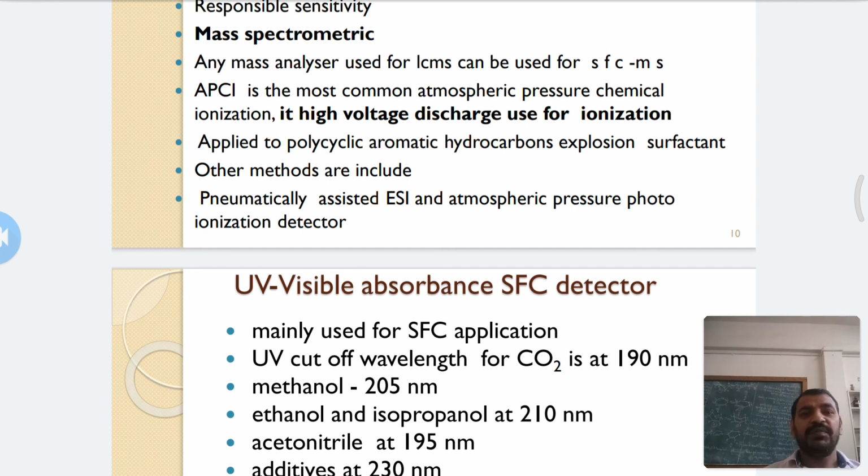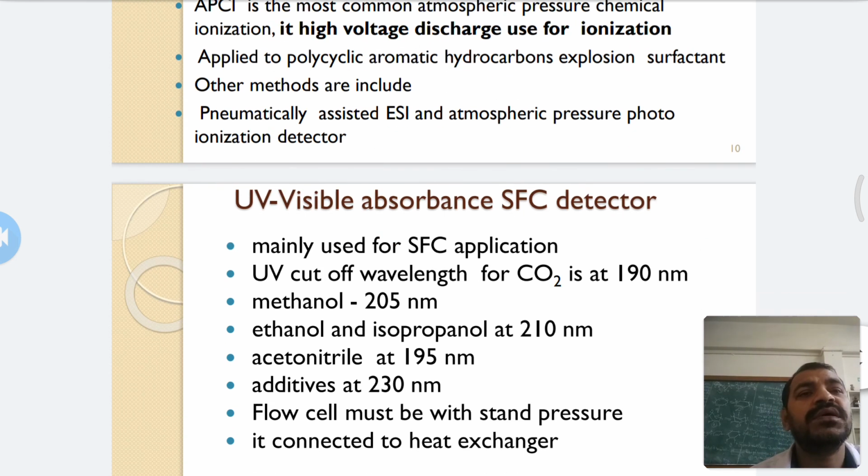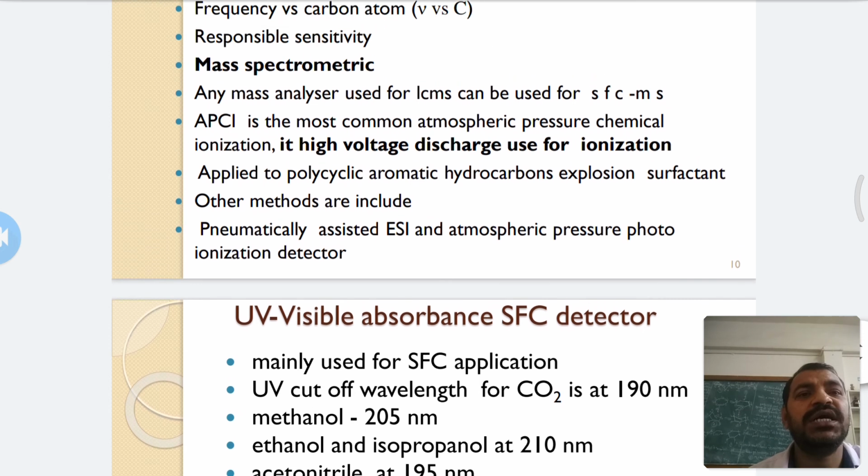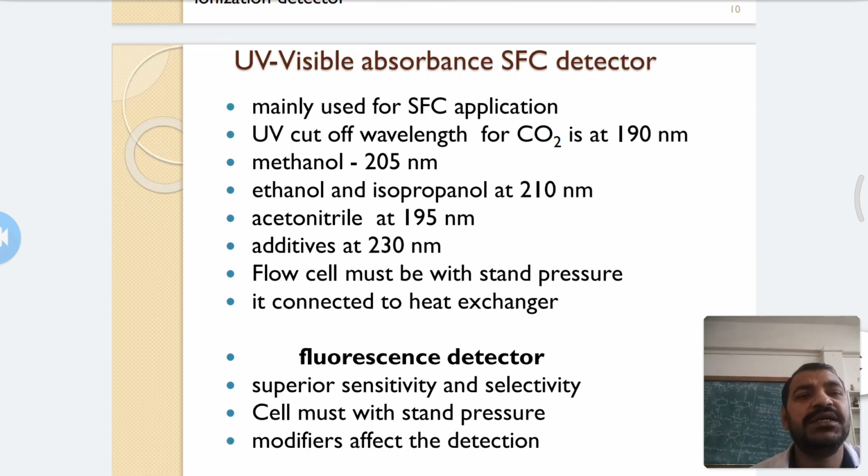Next, pneumatically assisted ESI, electrospray ionization, and atmospheric pressure photoionization are also used in the mass spectrometric detector. So these are the different techniques used in the mass spectrometric detector.